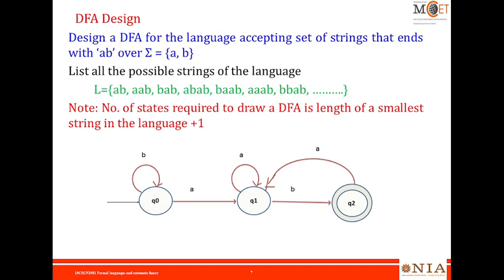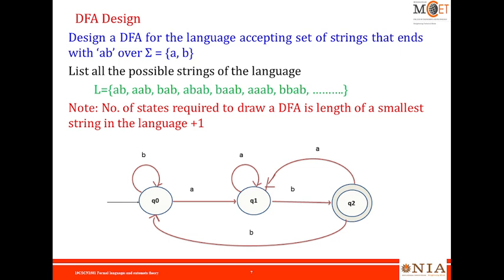Then we have to consider the Q2 state, that is the accepting state. Here also we apply two transition functions, one for A and one for B. Applying the transition on input symbol A, δ(Q2, A) = Q1, because our condition is the set of strings that ends with AB.